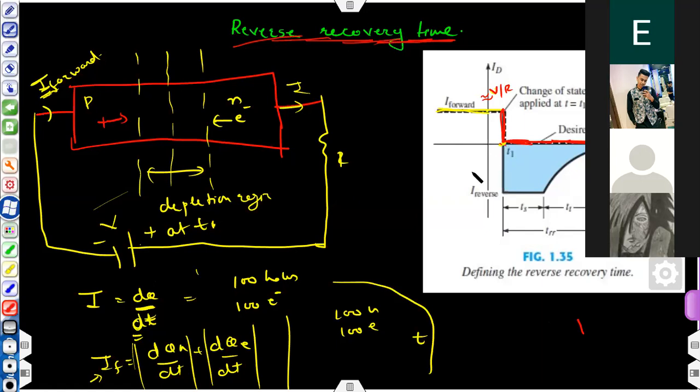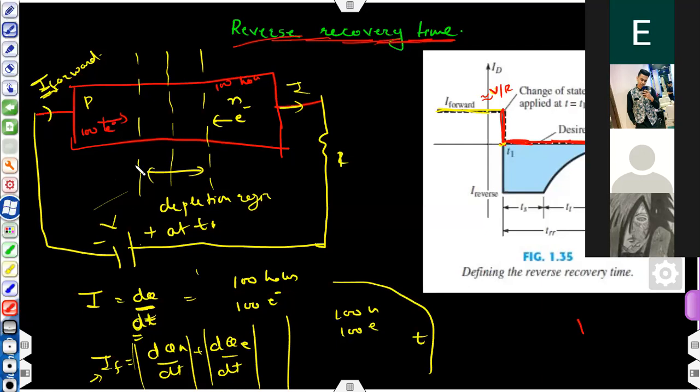Now what is happening? The moment you have reversed this external voltage supply, you have 100 holes in the N region and 100 electrons in the P region. These 100 holes are minority charge carriers in the N region, and these 100 electrons are minority charge carriers in the P region.